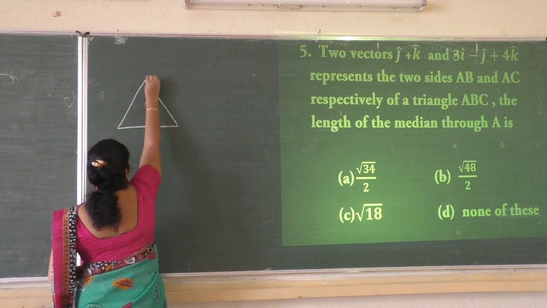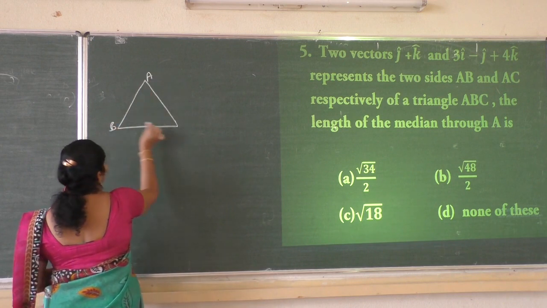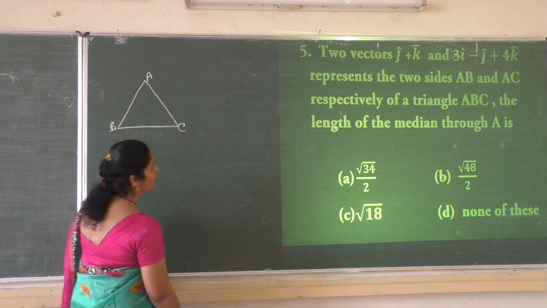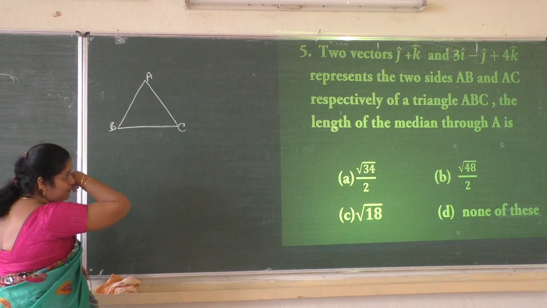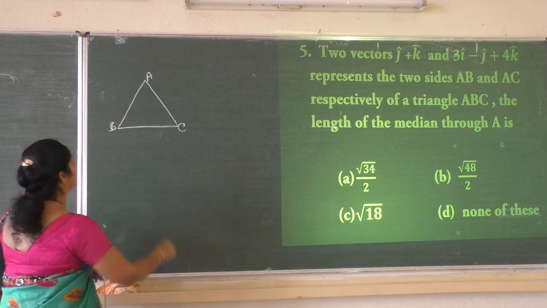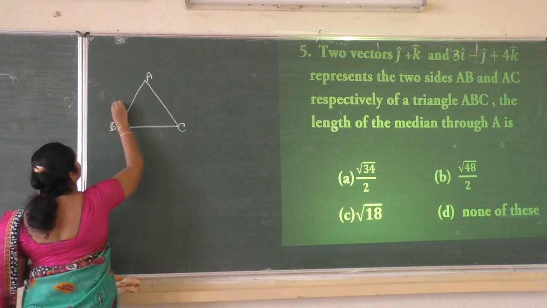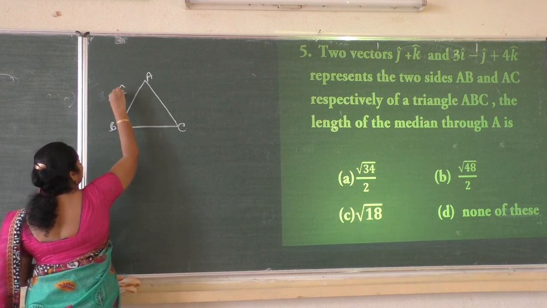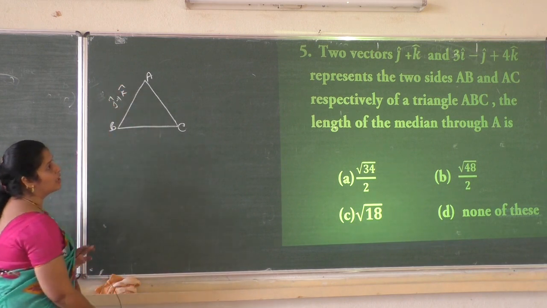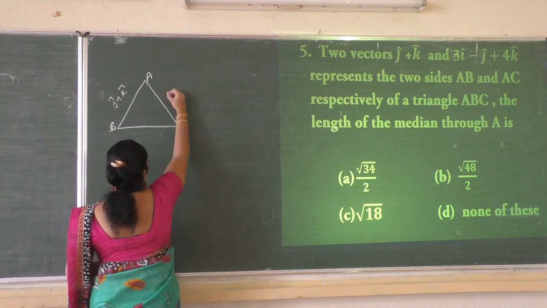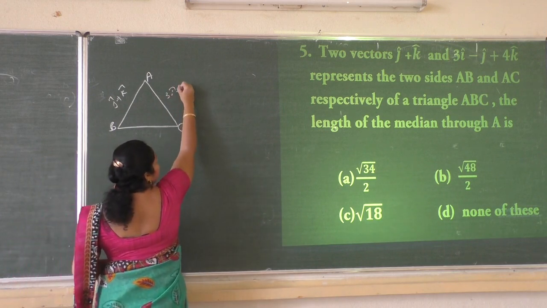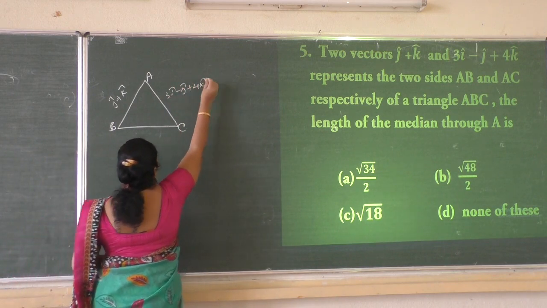Okay, first we have to draw the triangle ABC. Then the two vectors represent two sides AB and AC. What is AB? j plus k. Now AC is 3i cap minus j cap plus 4k cap.